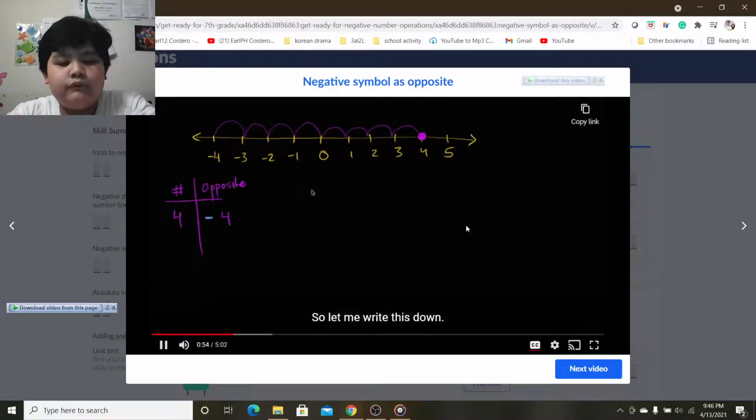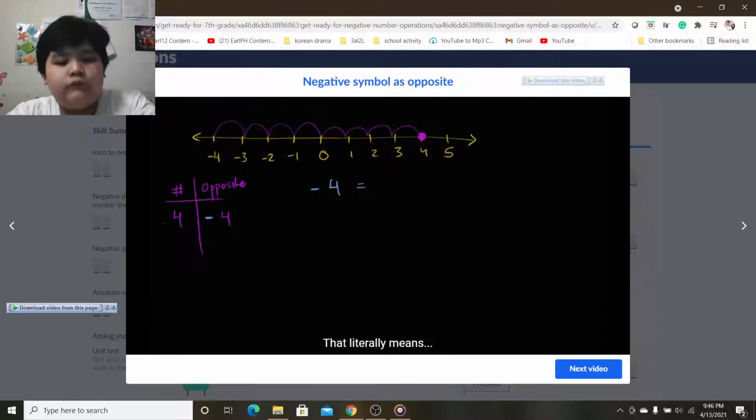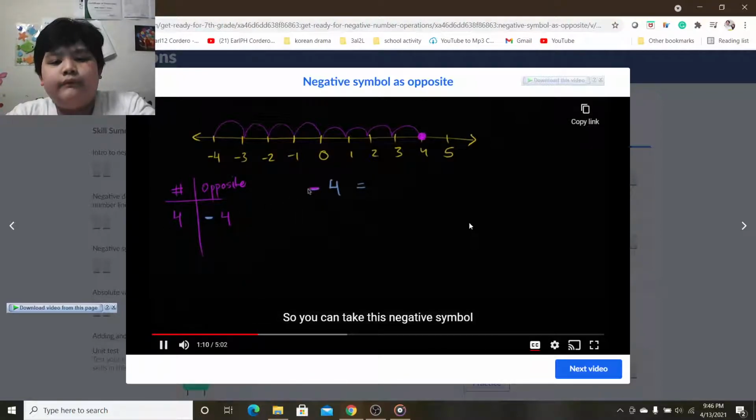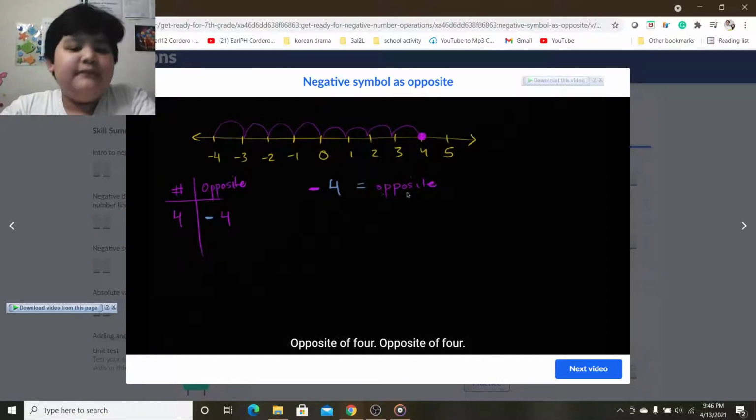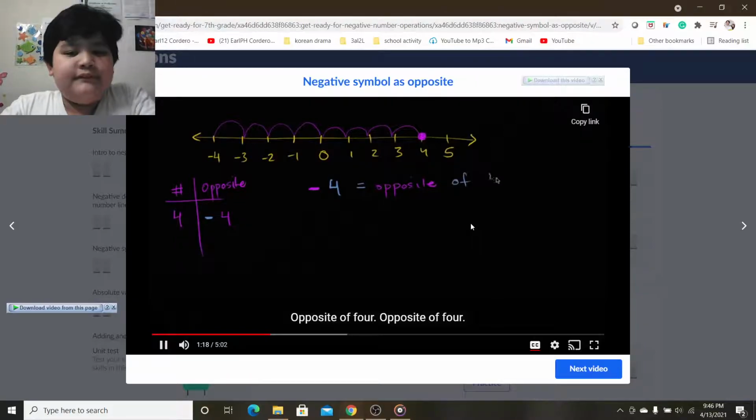So let me write this down. If I write negative 4, that literally means, you can take this negative symbol as meaning opposite of 4.